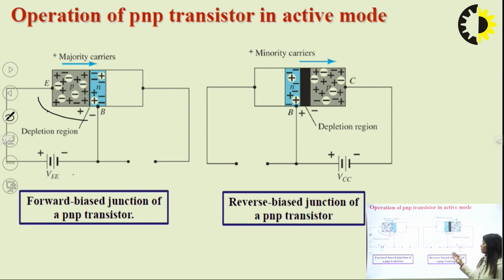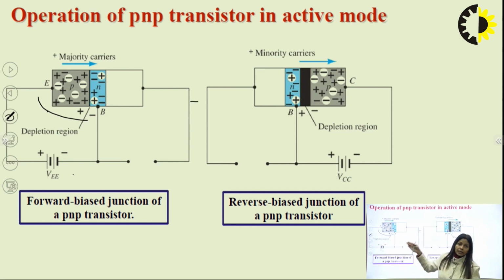Whereas at the reverse biased junction of the PNP transistor, this is negative. So electrons will go away from the negative terminal of the battery. That means electrons present in the P region will move like this. But they are minority carriers as far as P type is concerned, so some minority current will flow, and here due to forward bias the majority carriers will flow.